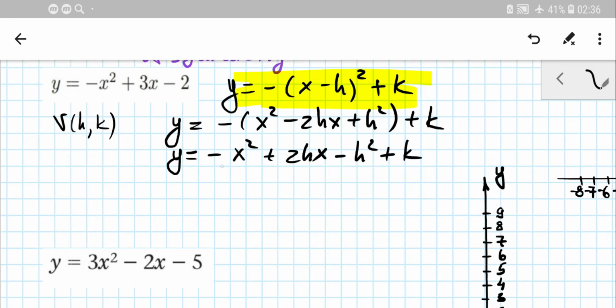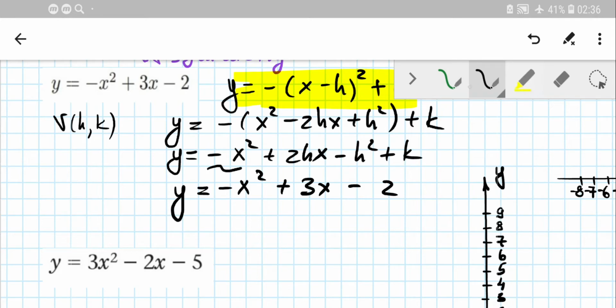All right, so this is the first term, and we just compare with the standard equation, which is negative x squared plus 3x minus 2. And then I compare coefficient by coefficient. So 2h is the coefficient before x, so it equals 3. So from here, h is actually 3 over 2, because 2h is equal to 3.